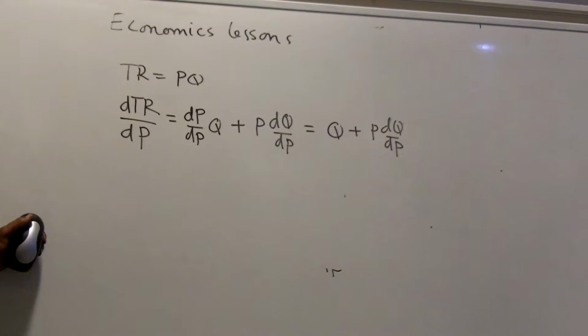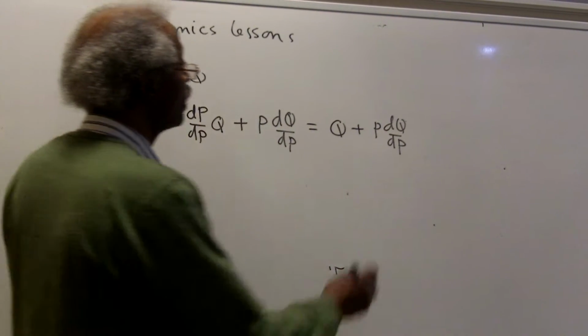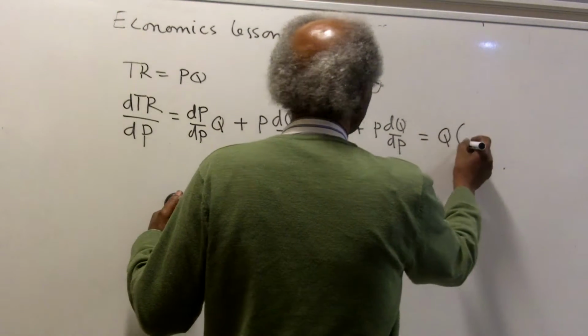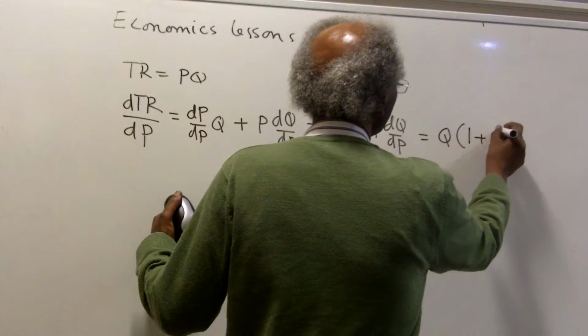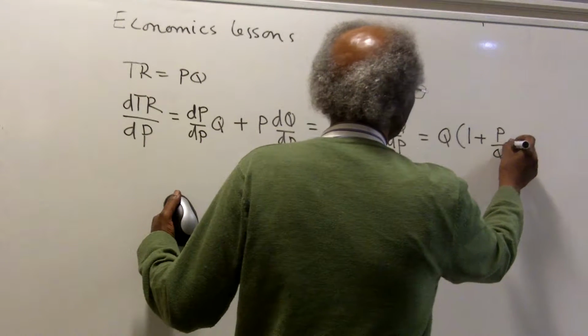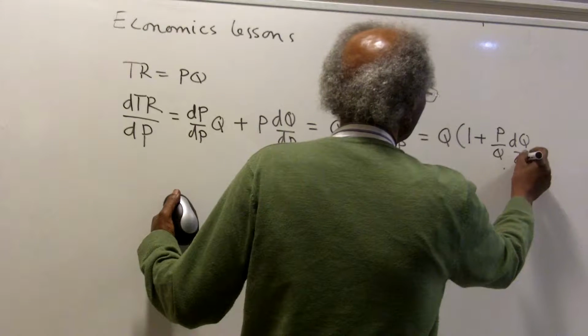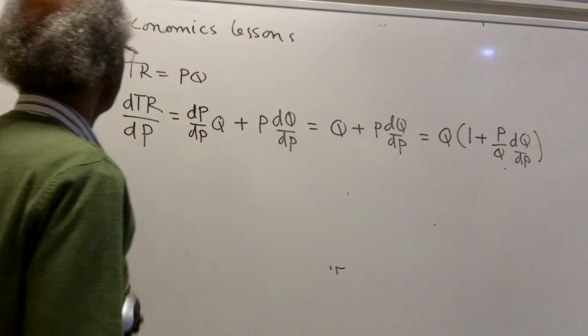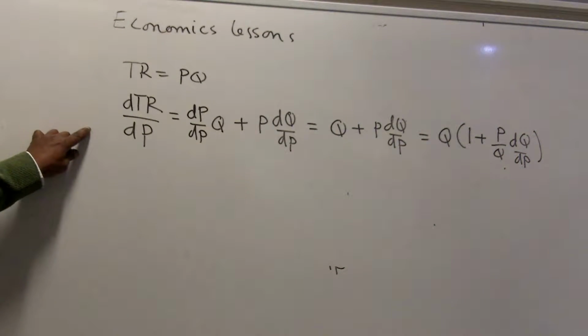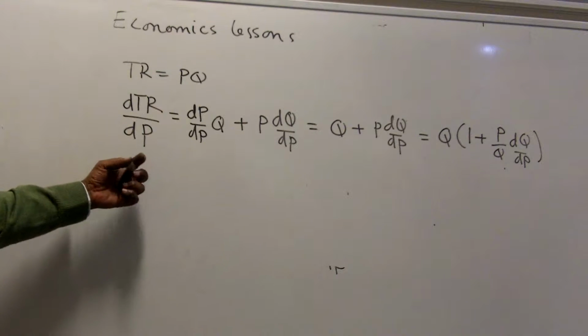Now if I take Q outside a bracket, I'm going to have 1 plus P over Q dQ by dP. Okay? So that is now the derivative of the total revenue with respect to P.